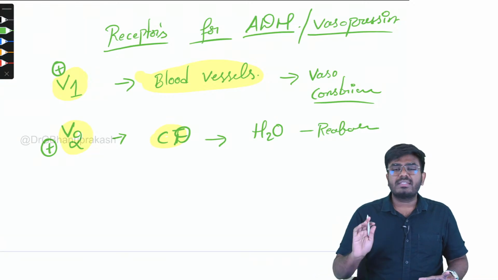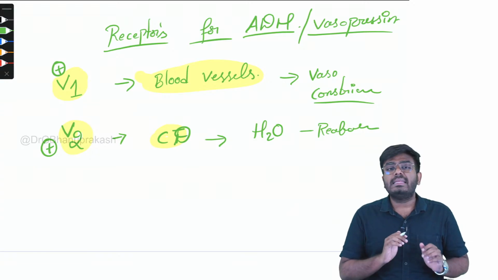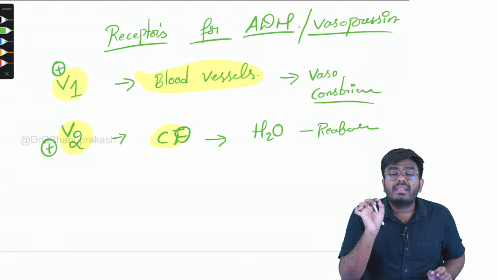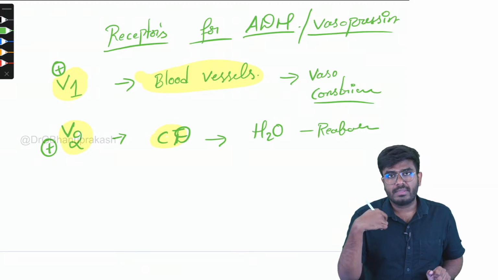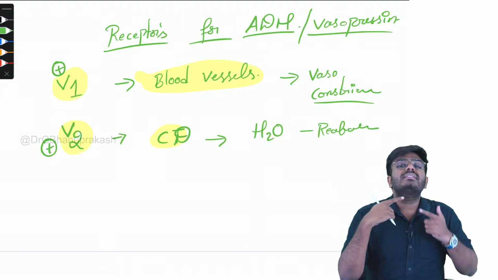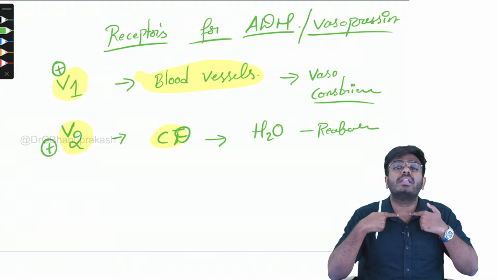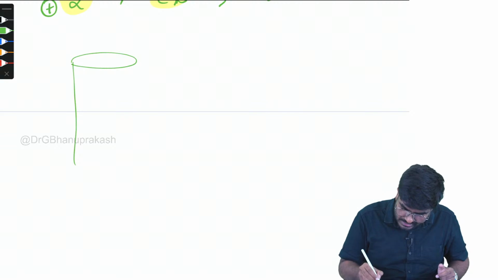Now, what is the important pathological correlation? There is one disease where there is abnormal dilatation of veins in your esophagus. Veins means blood vessels. Imagine this is the esophagus.